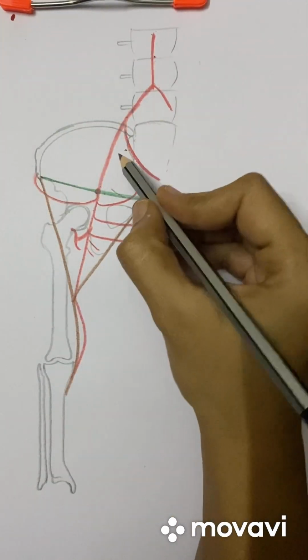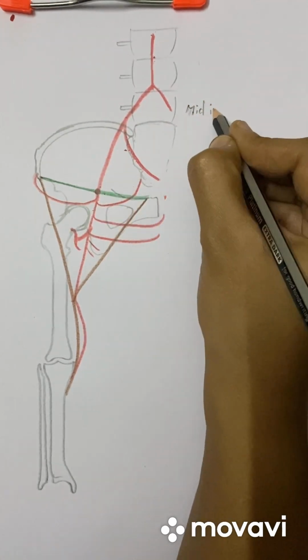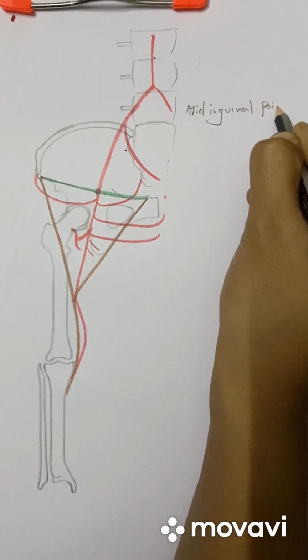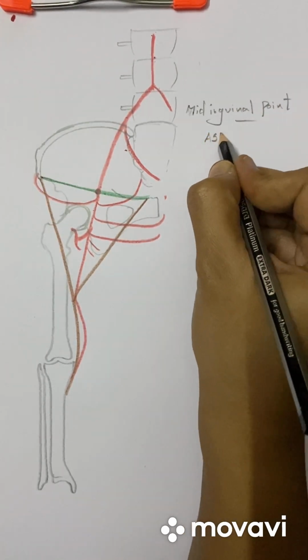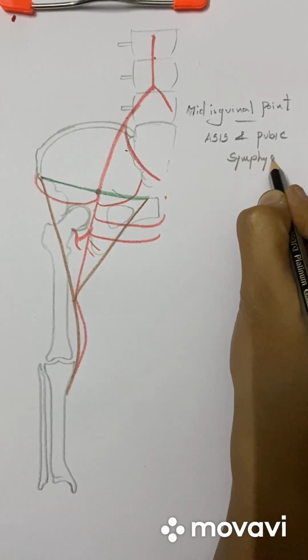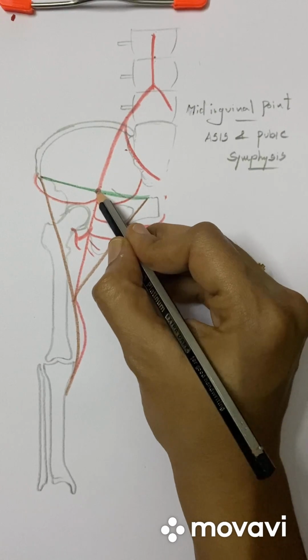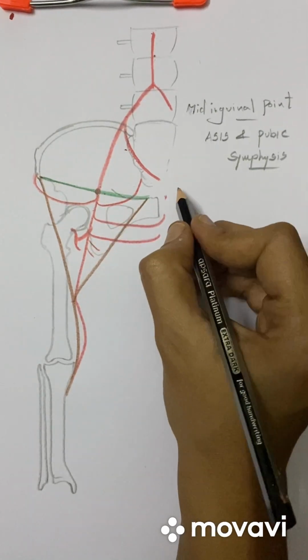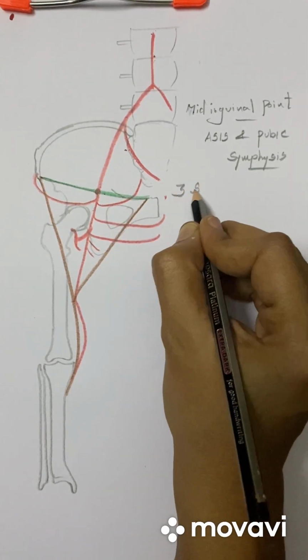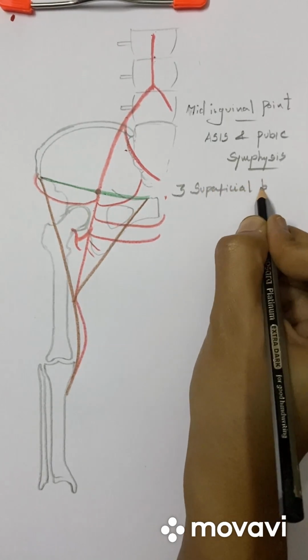So what are the branches? Before that, we should know what is midinguinal point, the point between anterior superior iliac spine and pubic symphysis. Femoral artery, it extends from midinguinal point to the apex of femoral triangle.